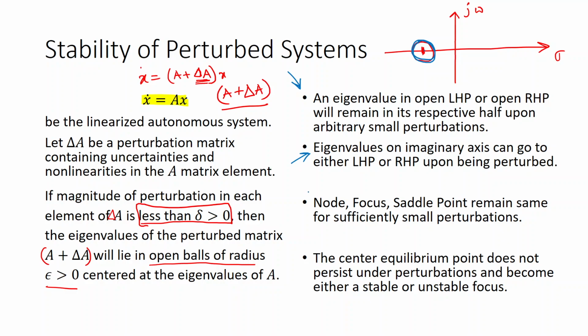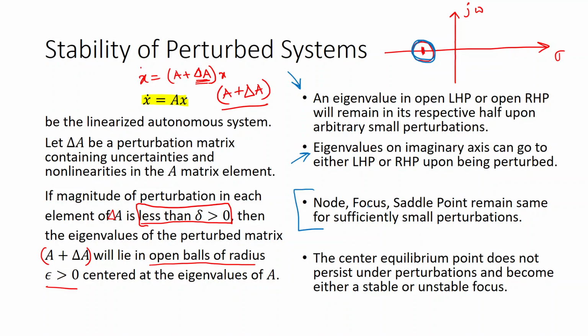Basically the consequence is this, that the node, focus and saddle point, which have very definite eigenvalues, either positive or negative, will remain the same for sufficiently small perturbation. Node has either positive eigenvalues or negative eigenvalues, so they are not on the imaginary axis.